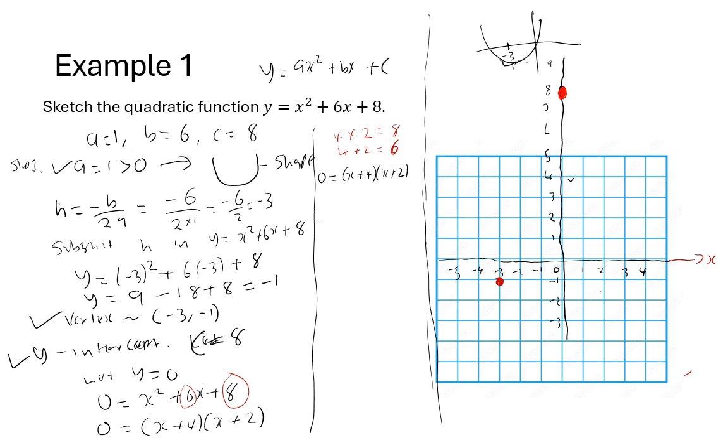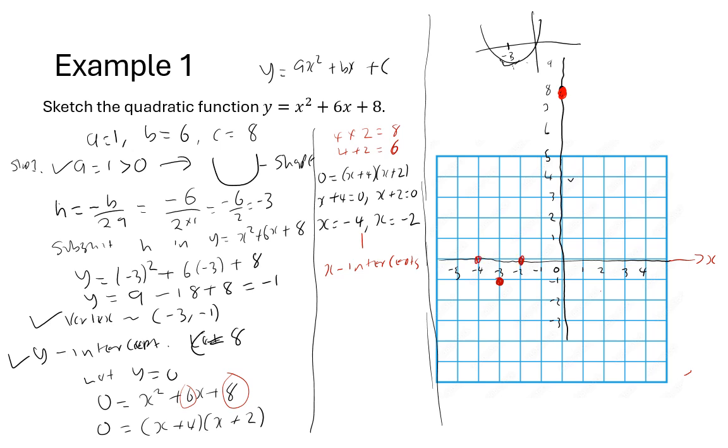This one we can write as x plus 4 equal to 0, or x plus 2 equal to 0. From the first one, if you subtract 4 from both sides, we have x equal to minus 4, and from the second one, x equal to minus 2. So we got our points. This is our x-intercept. So our x-intercepts are at x equal to minus 4 and x equal to minus 2.